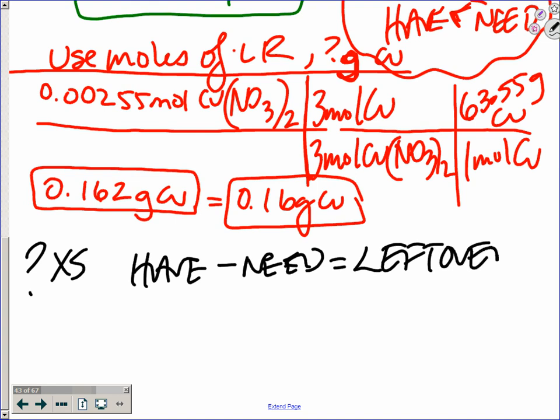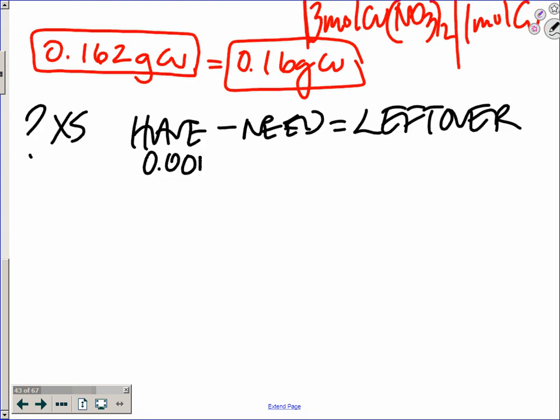What was the have of iron? It's on your paper. Mine's way up here. 0.017 moles of iron. That's the need. This is why we label them. It's so helpful to go back and look at your work.